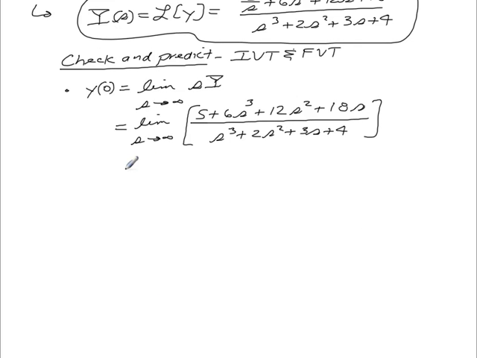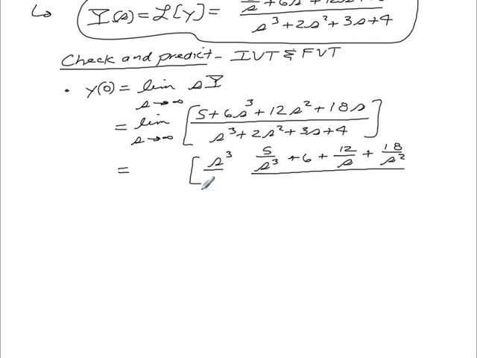So I'll use the same ploy I did before. I will get everything here in terms of fractions of s. So I need to factor out an s cubed from the top. I get a 5 over s cubed plus 6 plus 12 over s plus 18 over s squared.